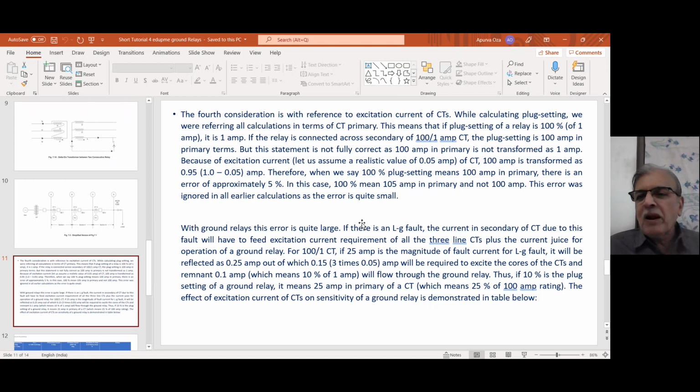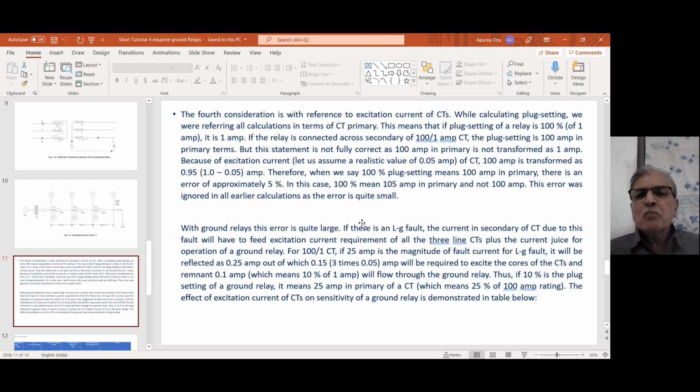So 50, 75, 100 were available. I was setting the relay at 100%, that means 1 ampere. And 1 ampere in secondary means, I was telling, 100 ampere in primary. That statement was wrong. But I used that statement, that 1 ampere in secondary is 100 ampere in primary, or the other way, 100 ampere in primary is 1 ampere in secondary.